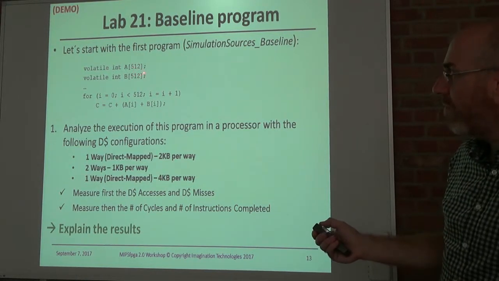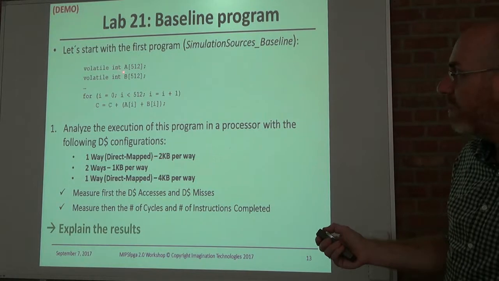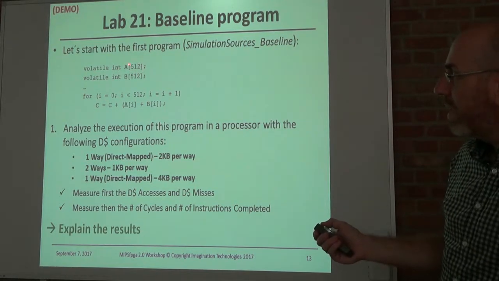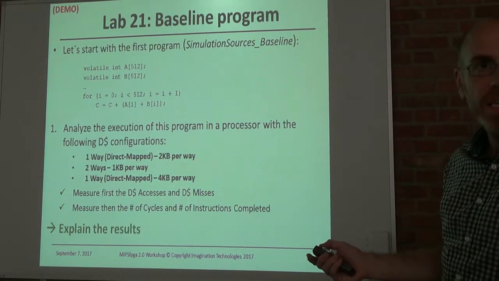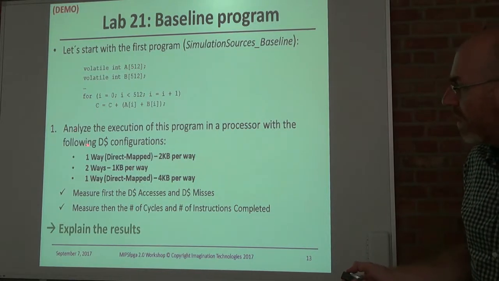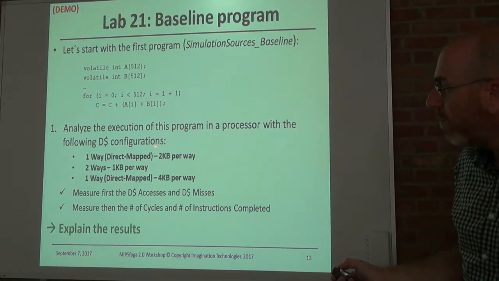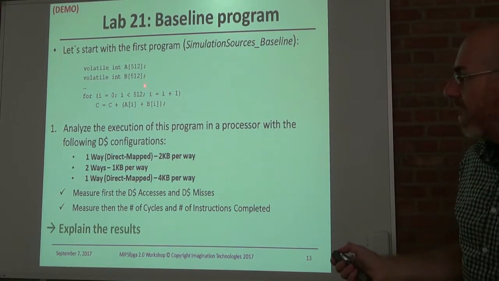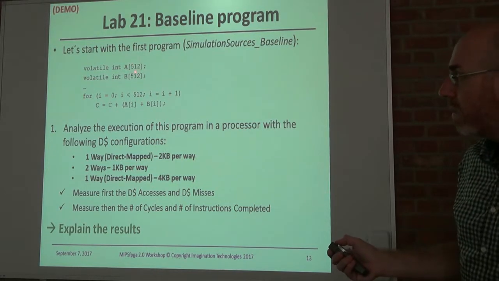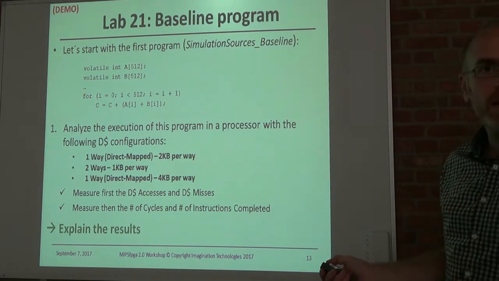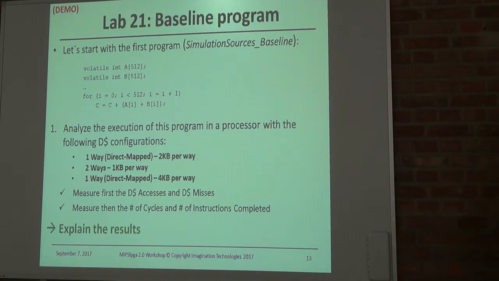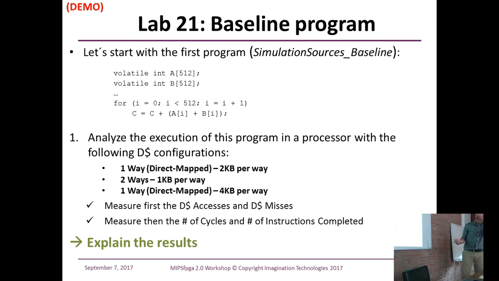The arrays are made of integers. They have 512 integers each. So for a one-way 2 kilobyte cache, each array would occupy the whole cache. For each iteration, we're having 2 misses in this configuration because we're accessing A0.